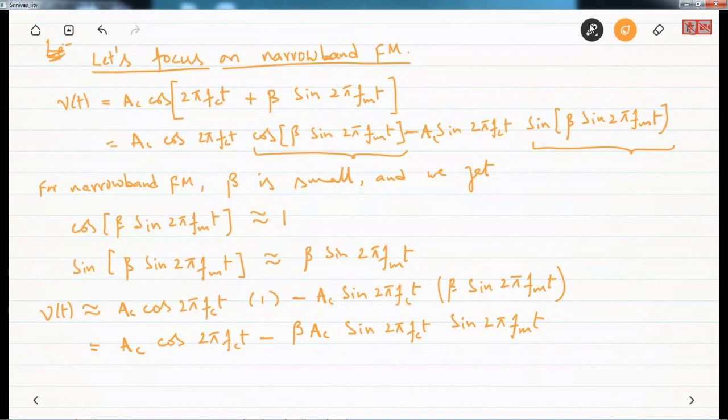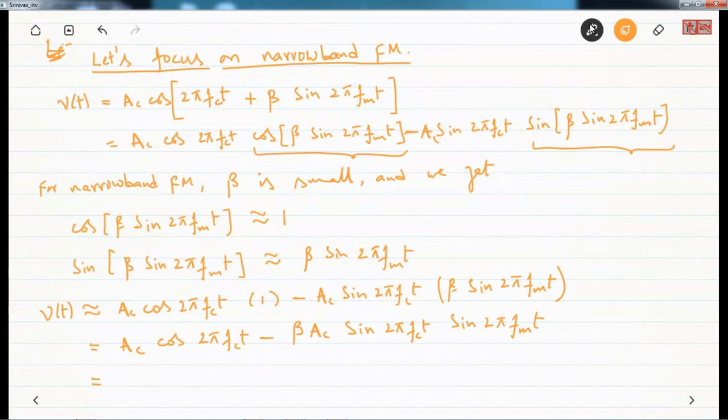Is that okay? Yes. So now let's expand this. This is the sin A sin B formula, right? So sin A sin B, and of course there is a negative sign.